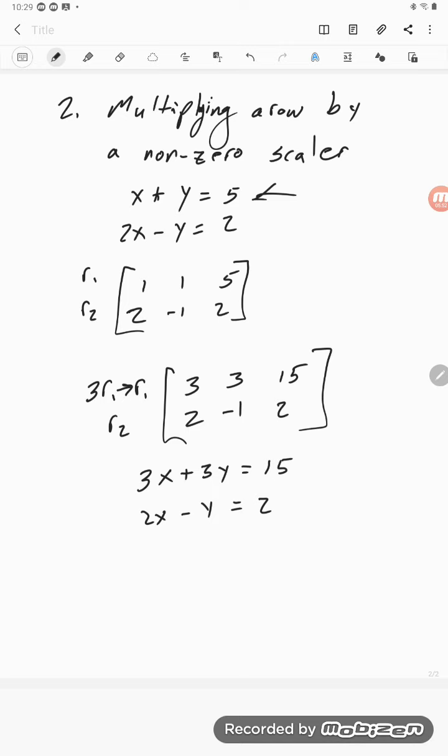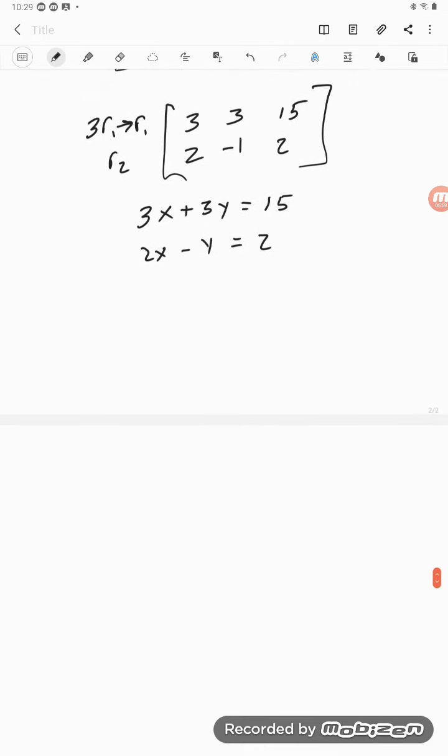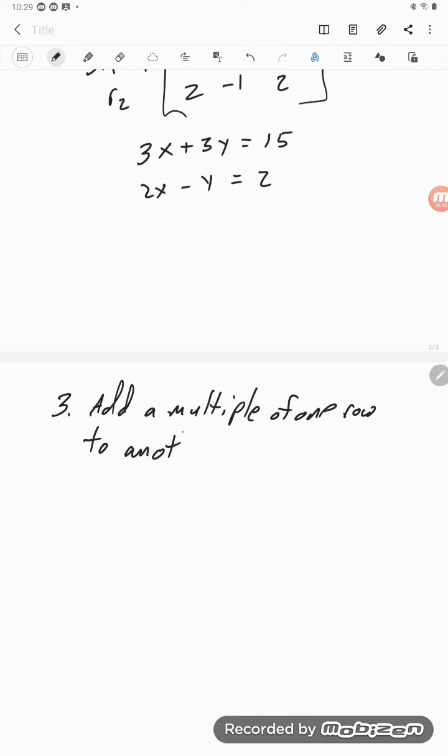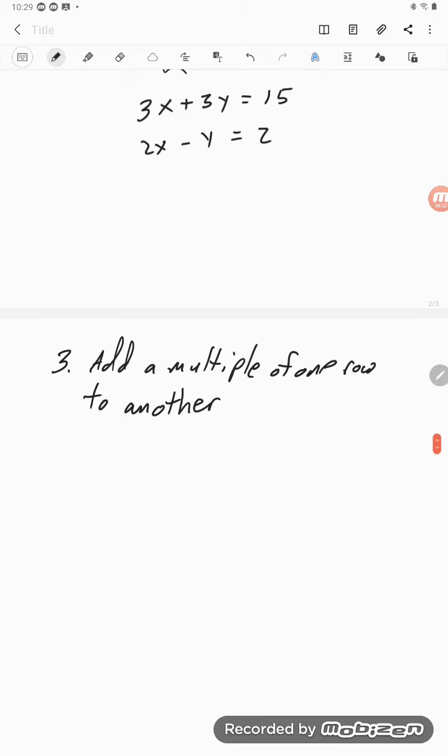So that's our second thing. We can multiply a row by a non-zero scalar. And then finally, third, we can add a multiple of one row to another. And that is an elementary row operation.